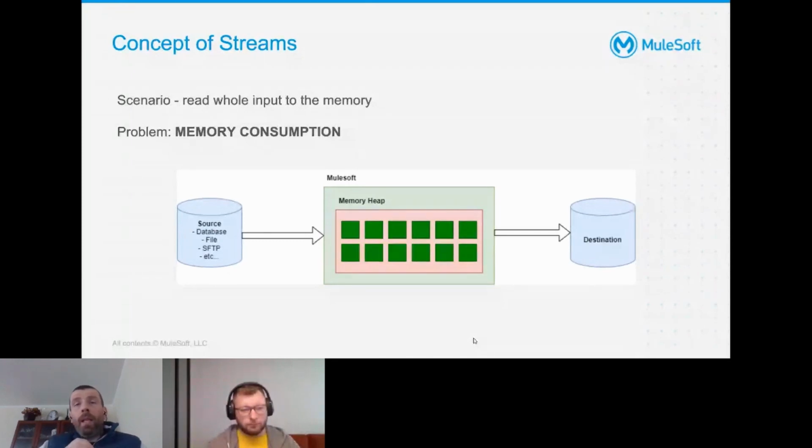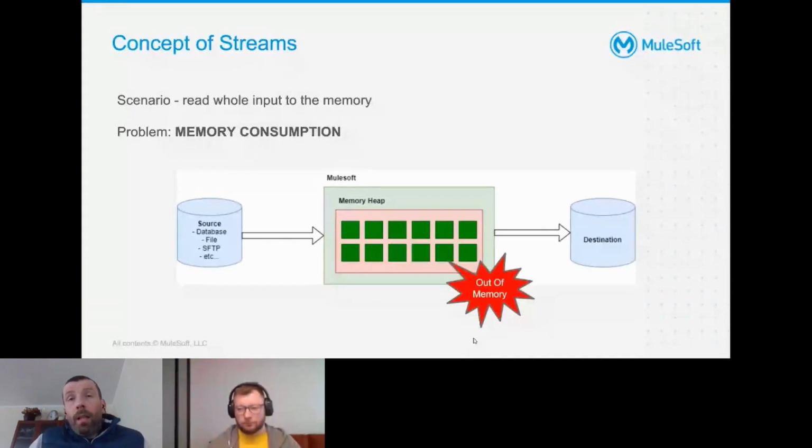So with this simple way of doing things, reading the whole input data into memory and processing it further, we might exceed the memory heap. Of course, it ends up with an out of memory error.